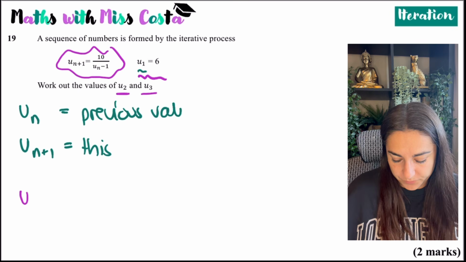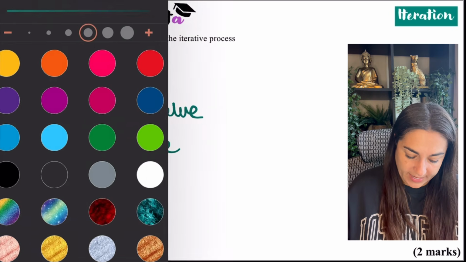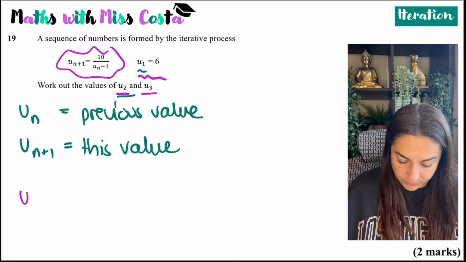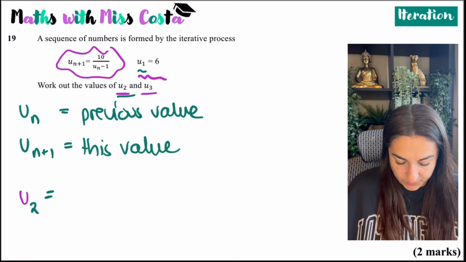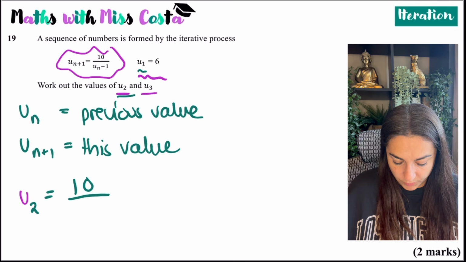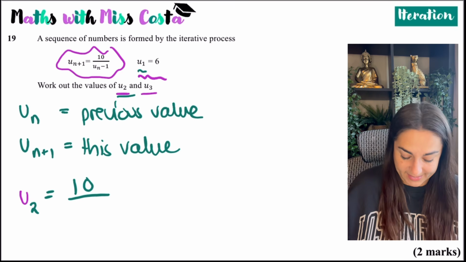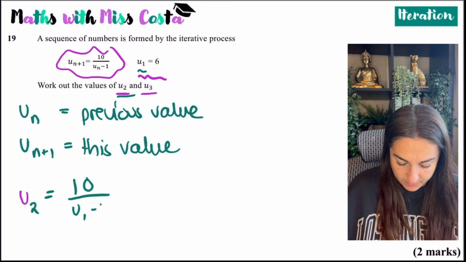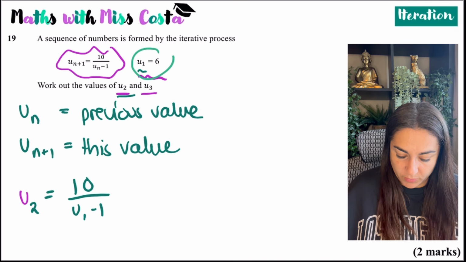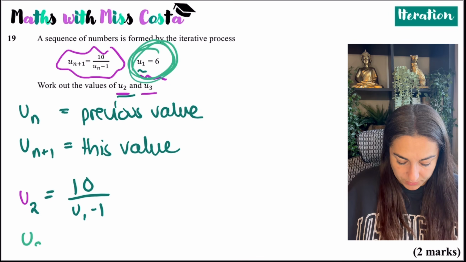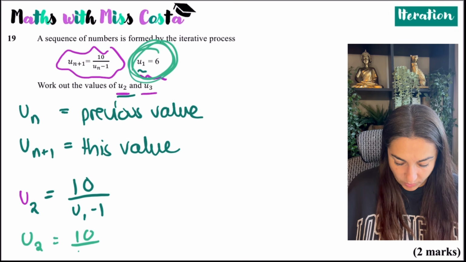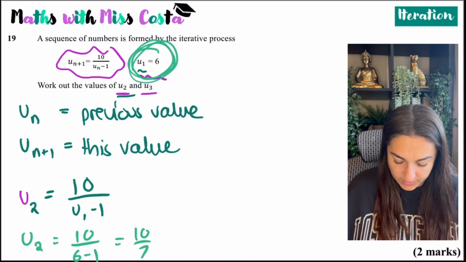Okay, so if I'm trying to work out U2, U2 is going to be 10 over Un, 1 less than that, which is U1 minus 1. They've told me what the value of U1 is. So U2 is going to be 10 over 6 minus 1, okay, which is 10 over 7.